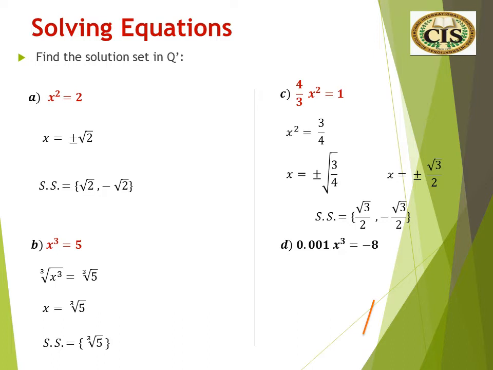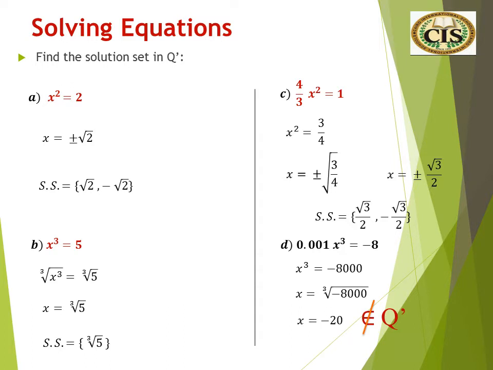0.001 x power 3 equals negative 8. First divide by the coefficient of x power 3. So x power 3 equals negative 8 over 0.001 equals negative 8,000. As a power, we find the root. X to the power 3, we find the cubic root of the other side. So x equals cubic root of negative 8,000.